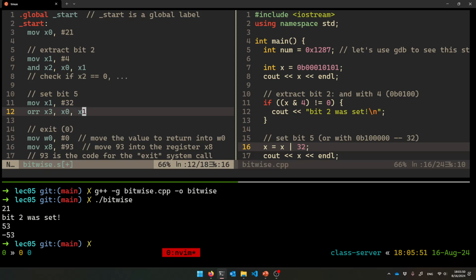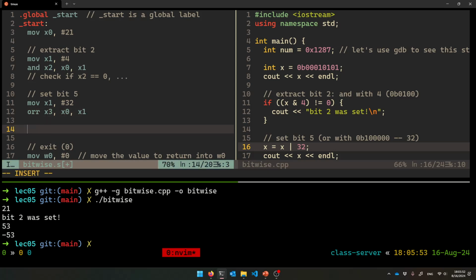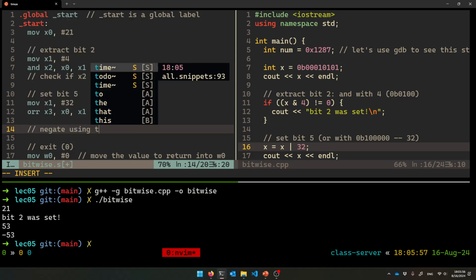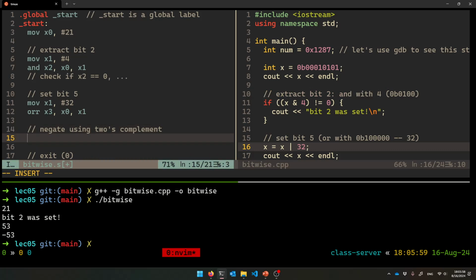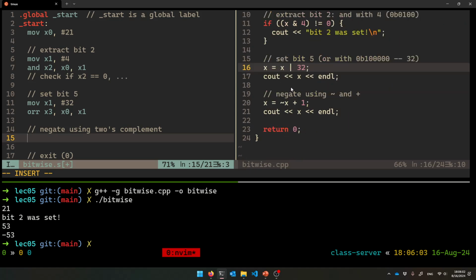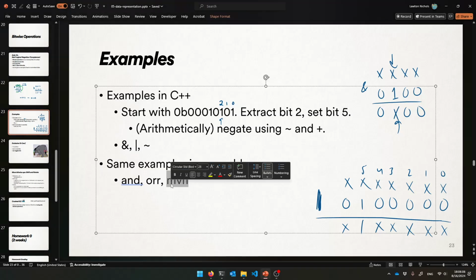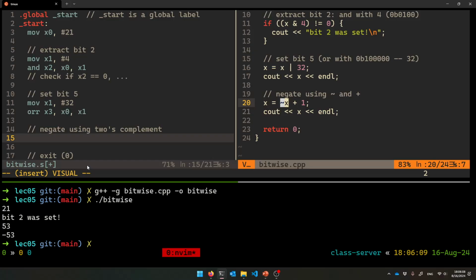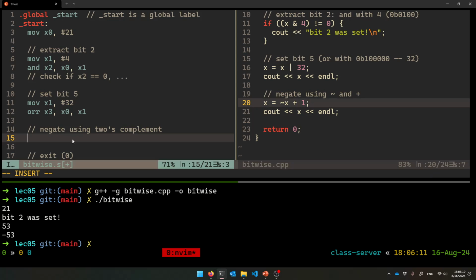And then let's do the negation with the 2's complement. So what this will do is, we've got to take our x0 and flip all its bits. That's the MVN instruction. It stands for move negated, all right? Bitwise negated, not arithmetically negated. So MVN, let's do it into x4, let's say, from x0.